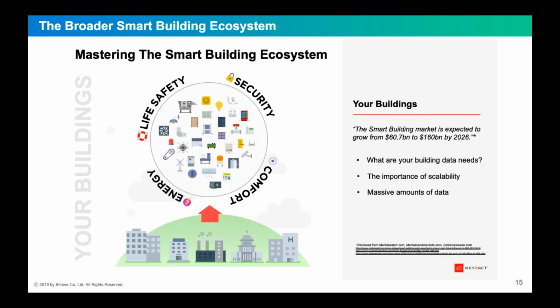So the solution that we have needs to be scalable with that amount of data. While we're pulling hundreds of millions of data points out of buildings currently, that's just going to keep increasing. So while our system is true cloud, it needs to be scalable with the industry in general.